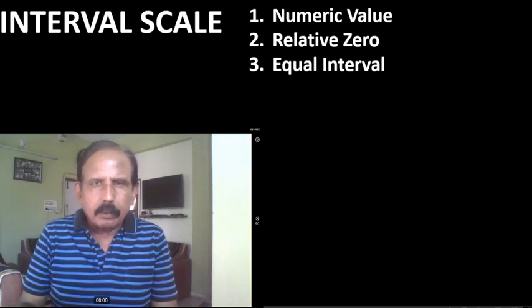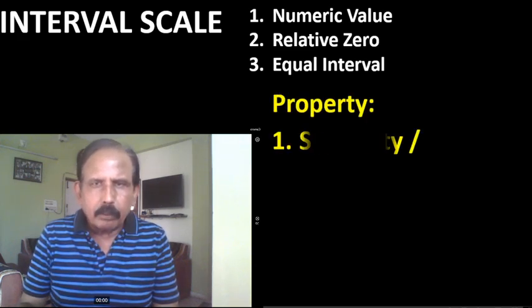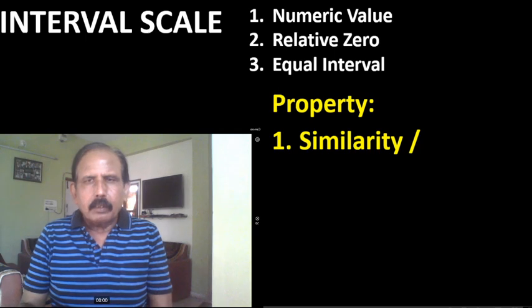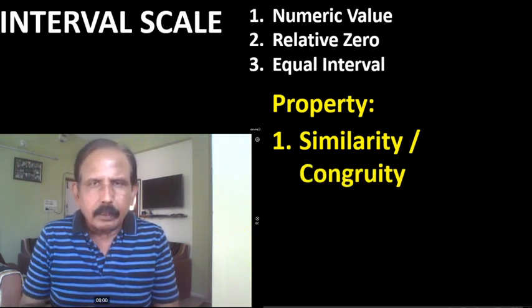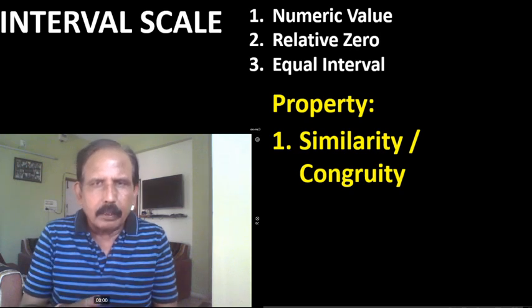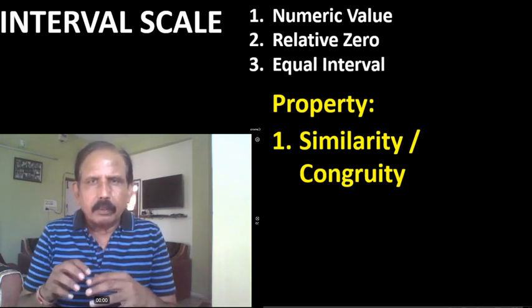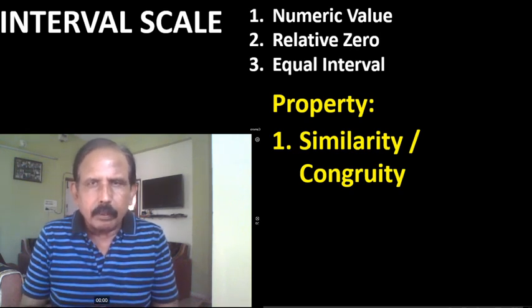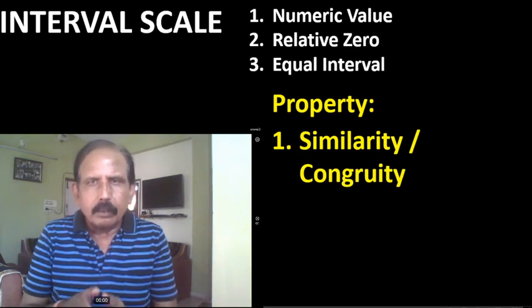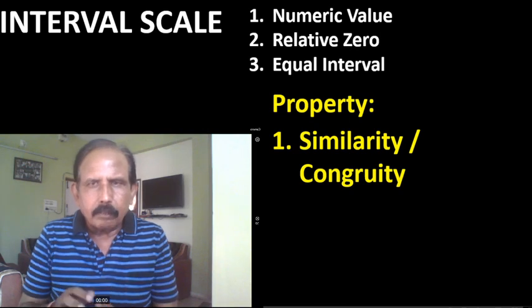This scale has some special properties. Similarity is there, congruity is there, because all the subjects are assigned numbers on the basis of the same kind of characteristic. Difference among them is due to the intensity of the characteristic. Similarity is there in terms of the characteristic they are having.